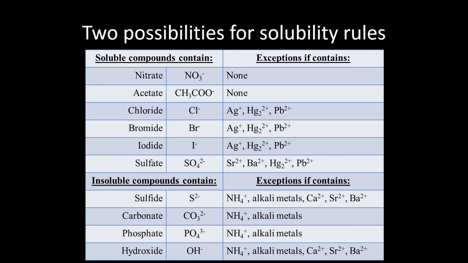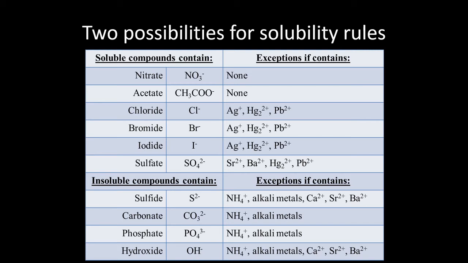So these solubility rules, or this solubility table, is going to allow us to figure out if a molecule will dissolve in water or not. Specifically, if an ionic molecule will dissolve in water or not. And remember, if it dissolves, it's dissolving because it's dissociating. Ionic molecules do not dissolve if they're not dissociating.